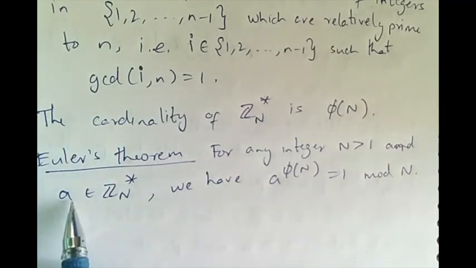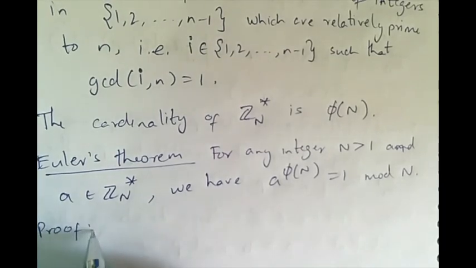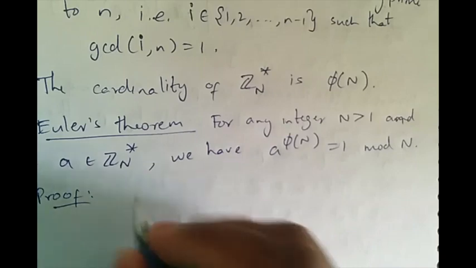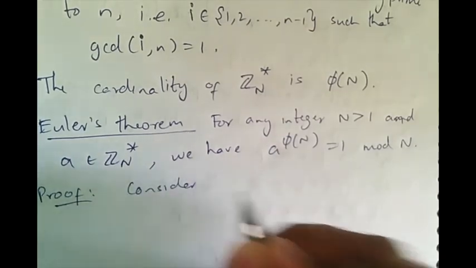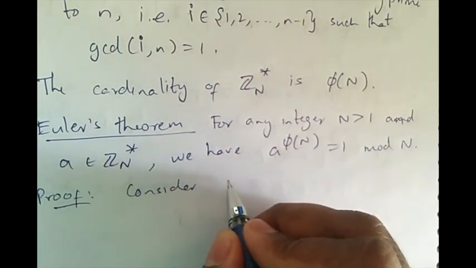And the proof will be similar, so we won't do it. Again, what is the proof? So a is already in Zn star. Maybe I'll just write down a few steps. So consider the subgroup generated by a.